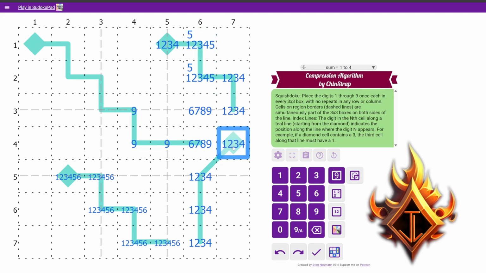So this digit won't repeat. So this digit right here will be here somewhere. But it won't be here. Okay. Because then it'll be seeing the entire line basically. And none of these on the line is going to be a repeat.